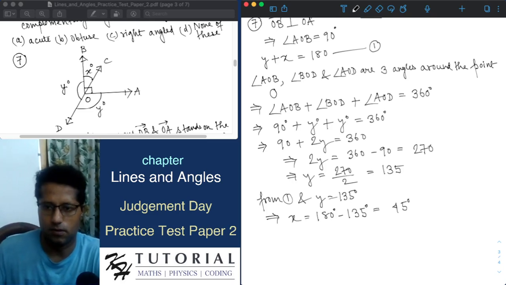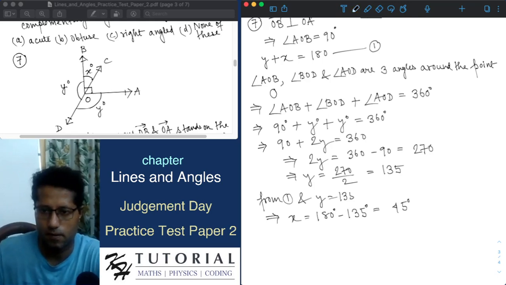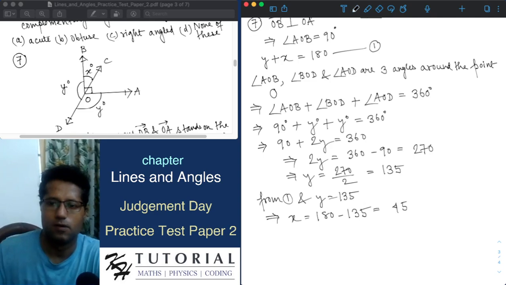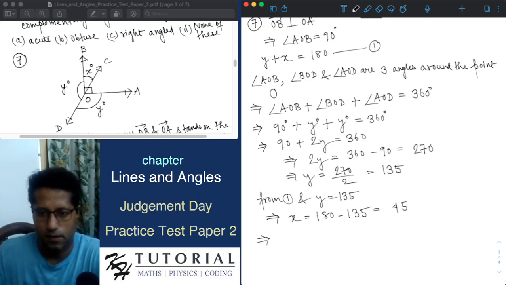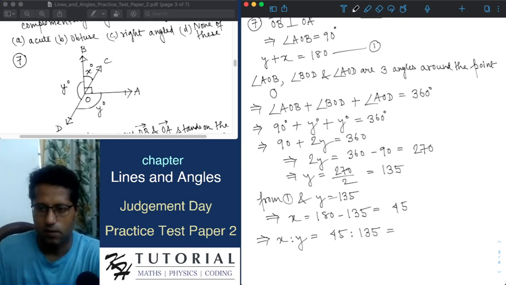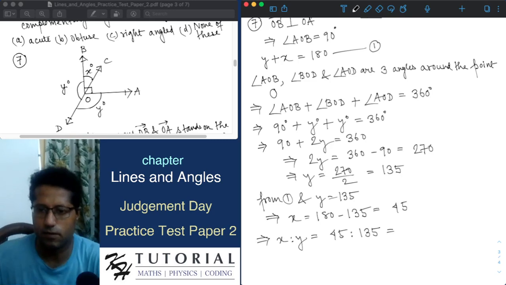So x is 45 and y is 135. This implies that the ratio x is to y is equal to 45 is to 135, and 45 divides 135 three times.